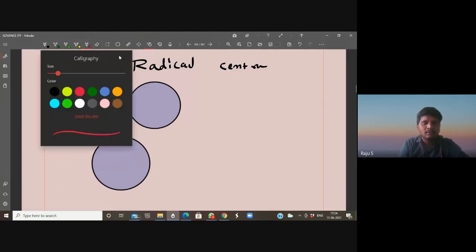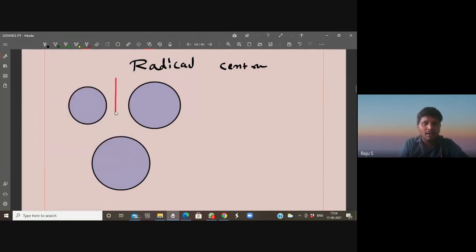So here this is one radical axis, and another radical axis. The point of intersection of these three radical axes, radical axis 1, 2 and 3, is the radical center. Here also, if 100 circles are given, how many radical centers will we get?